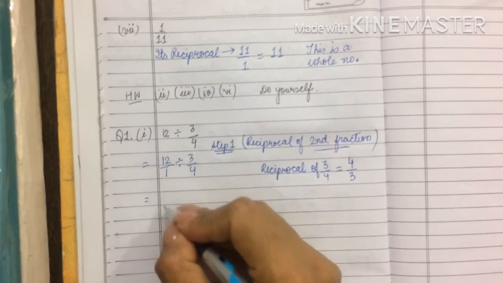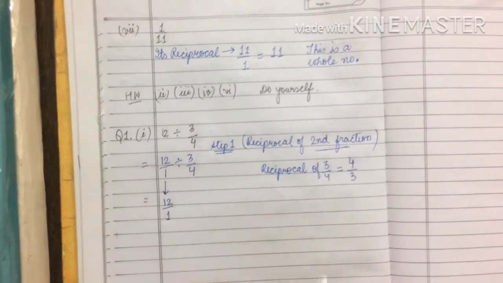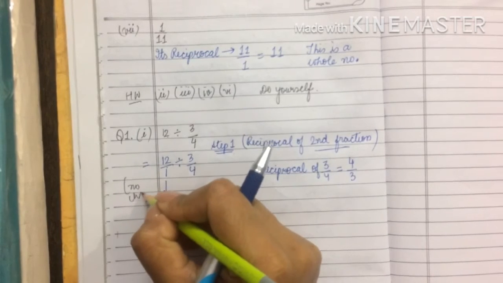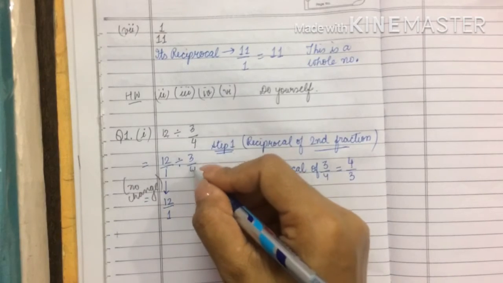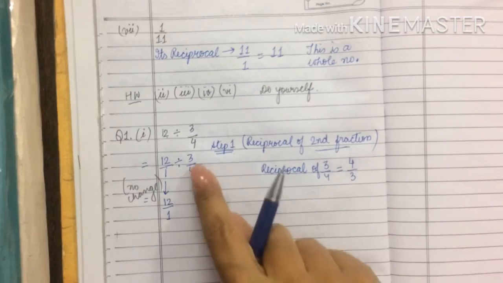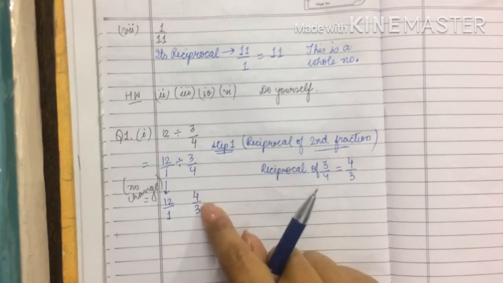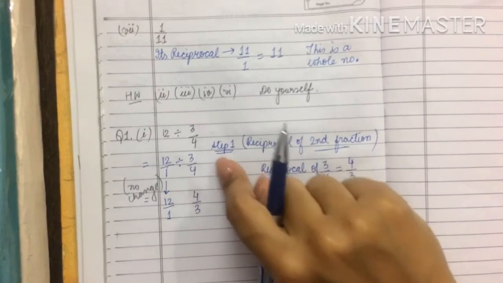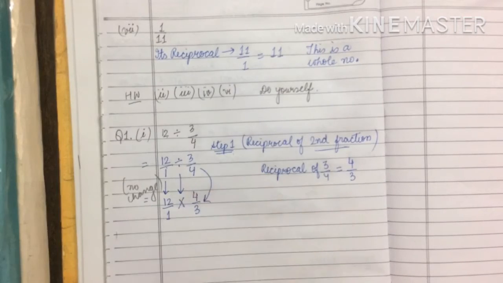Now what happens is the first fraction remains the same, no change. For yourself, you can note that there is no change in the first fraction. Never. The second fraction is replaced by its multiplicative inverse. So 3 by 4 will become 4 by 3, and at the same step, we change the sign into multiplication.